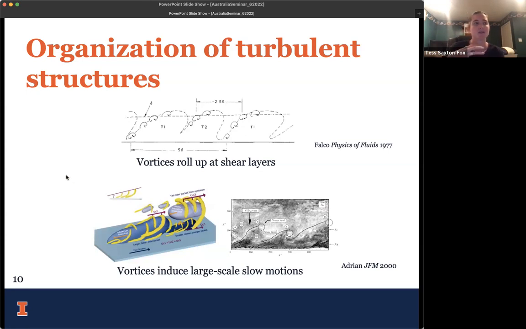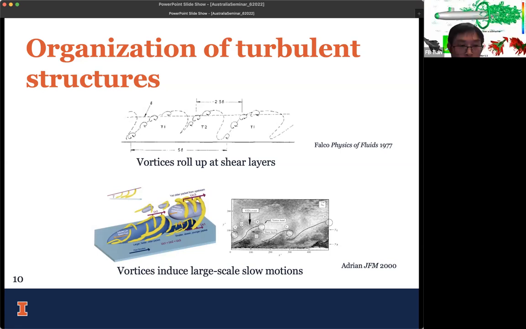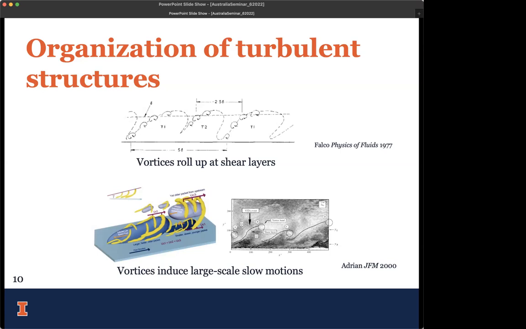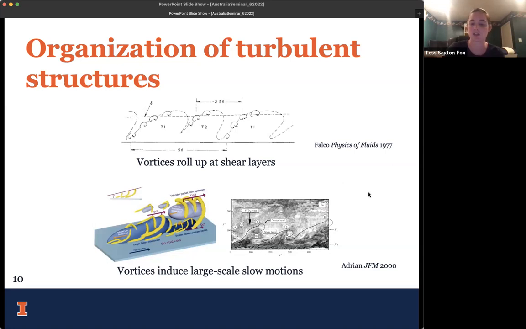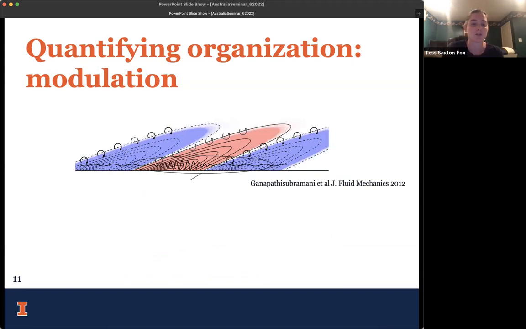And so these are ideas coming from instantaneous data that are being taken and understood from visualization and observation.